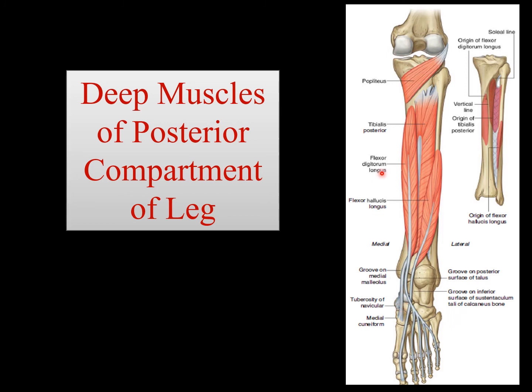Another point regarding the muscles of the posterior part is that the bulkiest muscle among them is the flexor hallucis longus. Why is it bulkier, or stronger as compared to the others? Because when we are walking, there is a stance phase and another phase in which the foot is in the air.